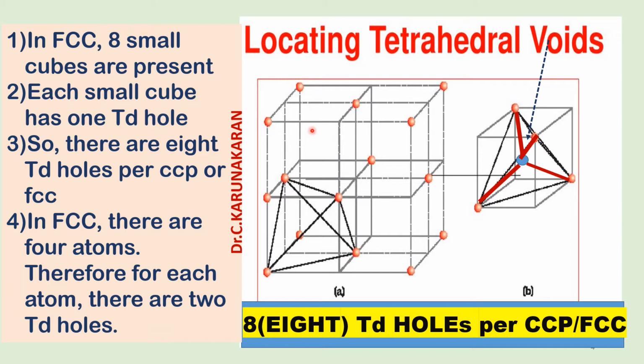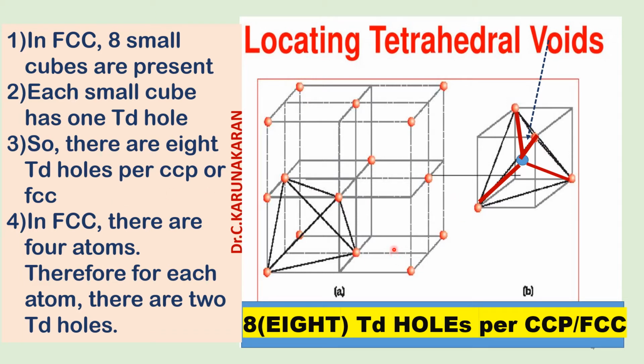There are 8 small cubes: 1, 2, 3, 4, 5, 6, 7, 8. Each cube has one tetrahedral hole at the center of the cube. This atom at the tetrahedral hole is surrounded by 4 other atoms. Therefore, there are 8 tetrahedral holes per CCP.